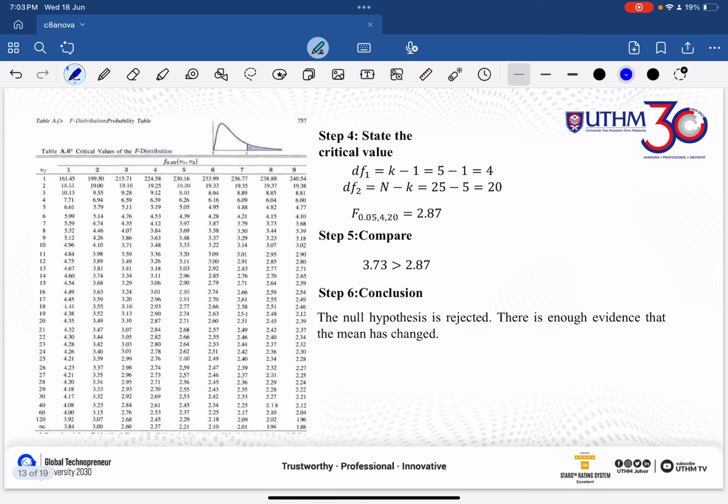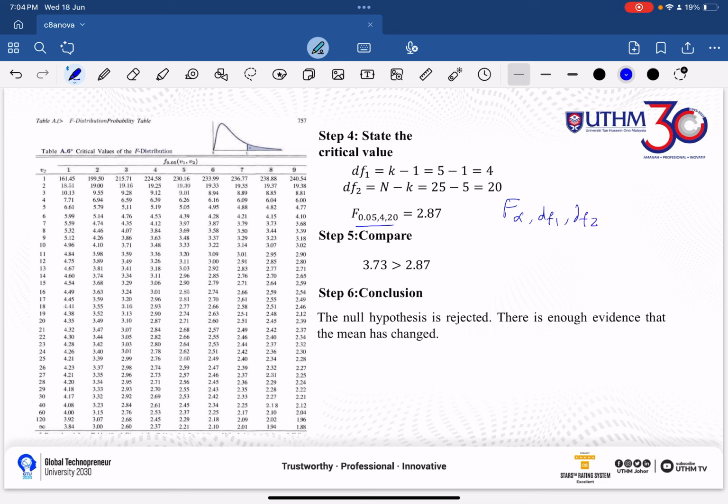Step 4 is to state the critical value. So these are the things that you need, which is F alpha, and then degree of freedom 1 and degree of freedom 2.